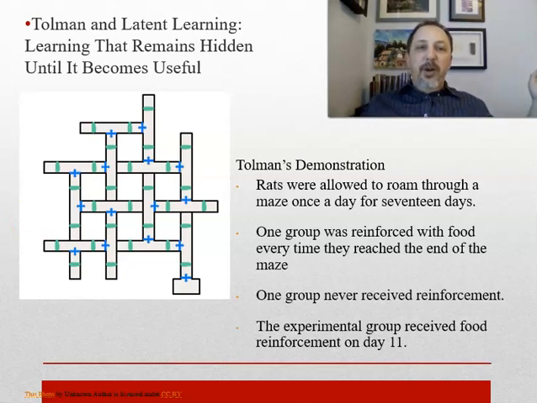No reinforcement or whatever. One group was reinforced with food every time they reached the end. And the interesting group was reinforced only after day 11. So 10 days of roaming through the maze without reinforcement.